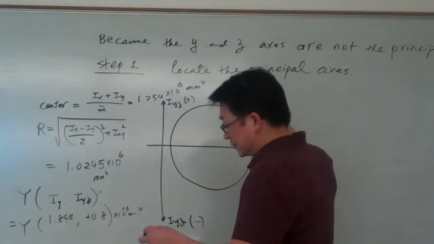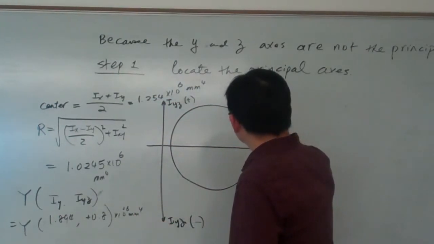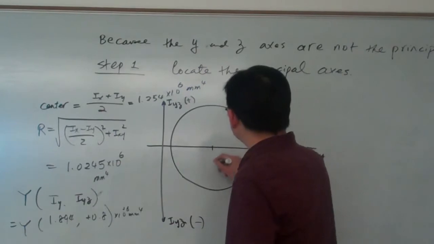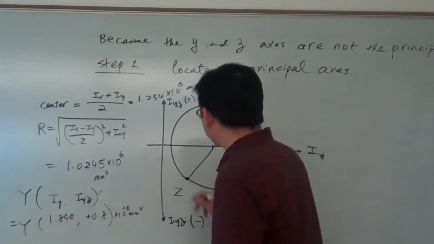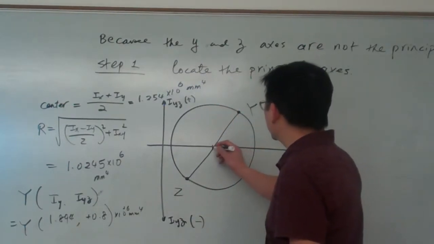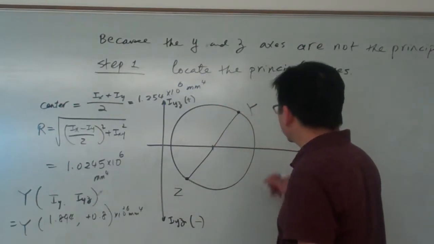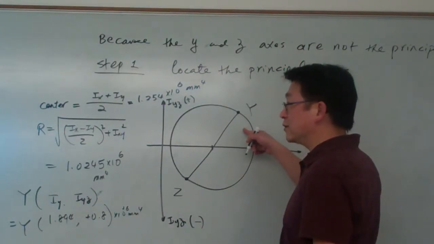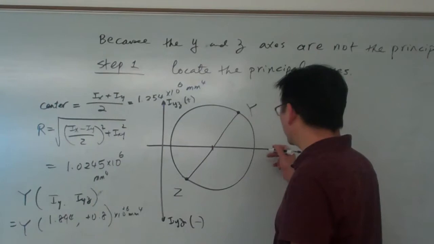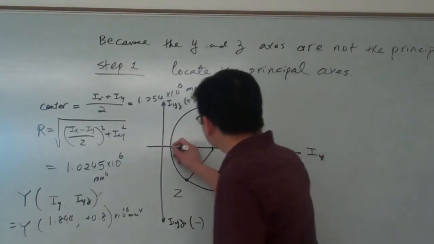So Y should be somewhere here. And this is the center. And we make this the diameter, this is the Z. Okay? So from this, the principal directions or the orientation of the principal axes correspond to these 2 values.